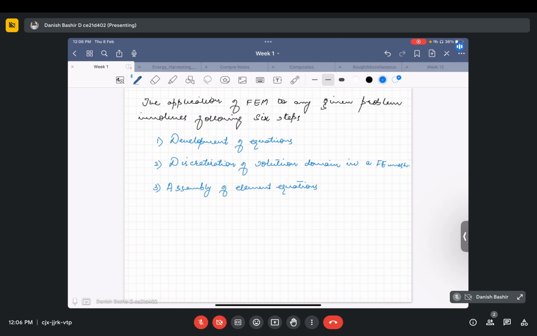After assembly of element equations, the fourth step is the actual boundary conditions. We incorporate those boundary conditions, that is, introduction of boundary conditions into the problem.